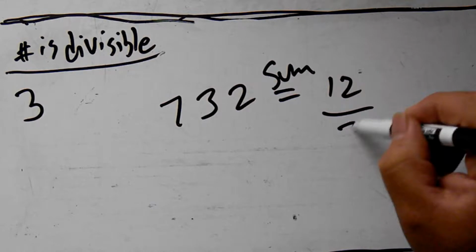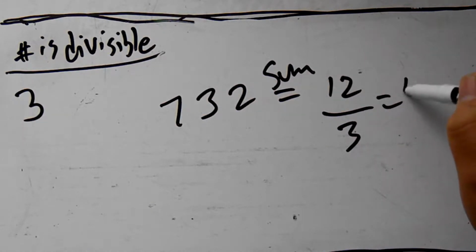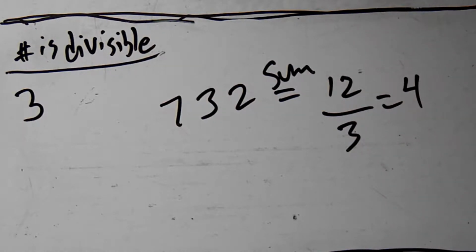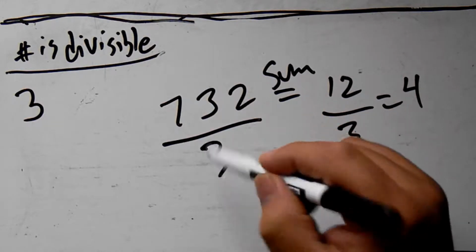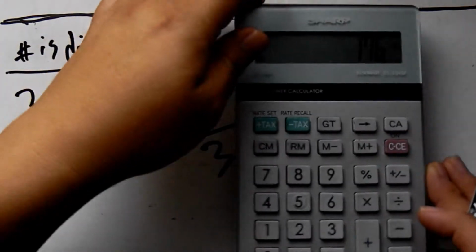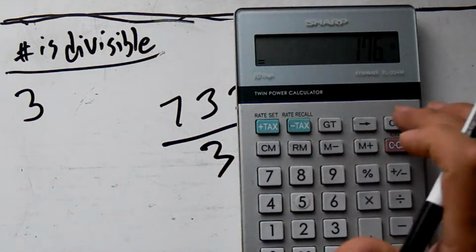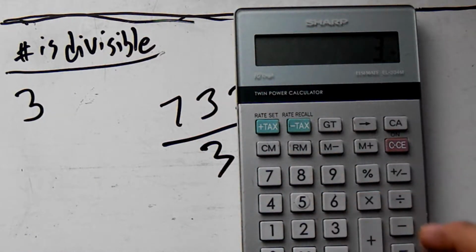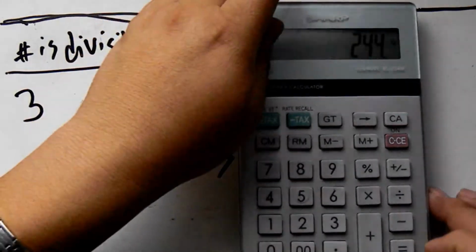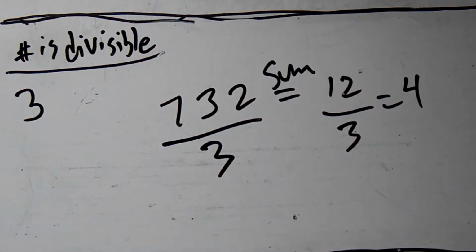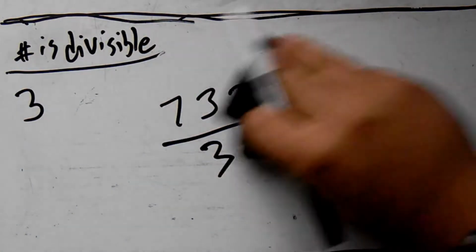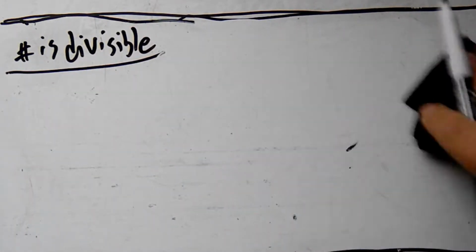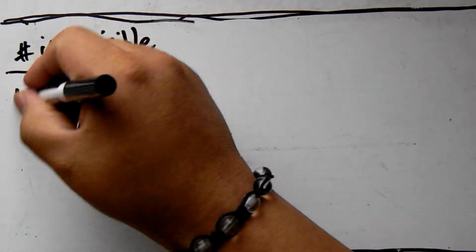So is 12 divisible by 3? We already know that it is. So this should be divisible by 3. Let's look at it. 732 divided by 3. Yes, ta-da! So it does work. And that's 3.